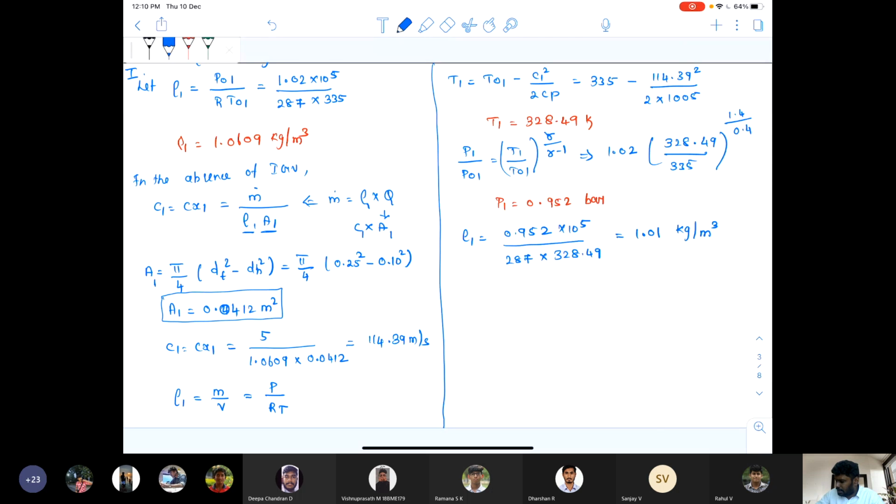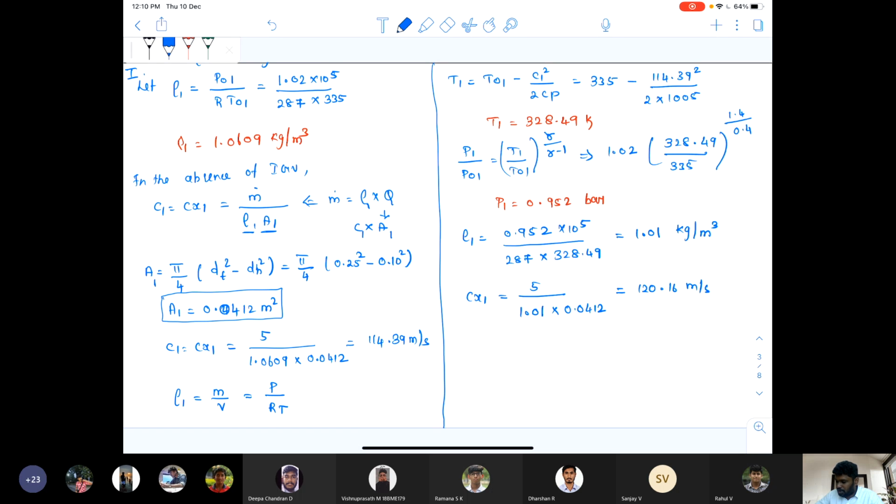Therefore, Cx1 will be equal to 5 divided by the value of rho, which is 1.01, into area, which is 0.0412, which will be equal to 120.16 meter per second.